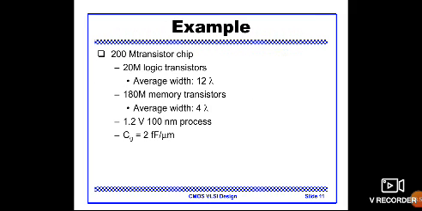For example, a 200 million transistor chip, 20 million logic transistors, average width is 12 lambda, 180 million memory transistors, average width is 4 lambda, 1.2 volts, 100 nanometer process.